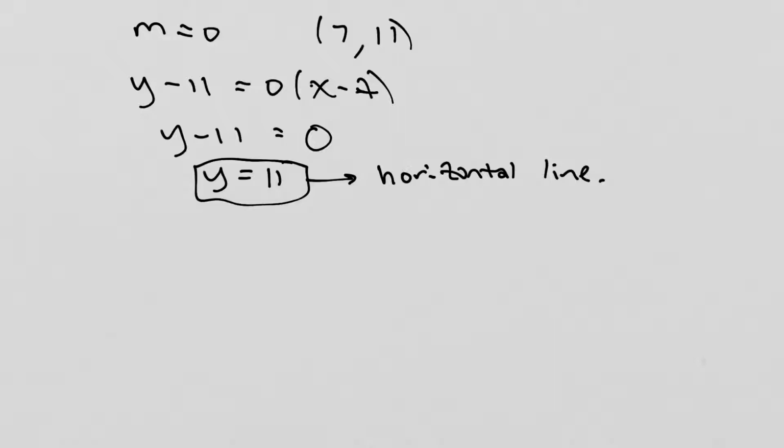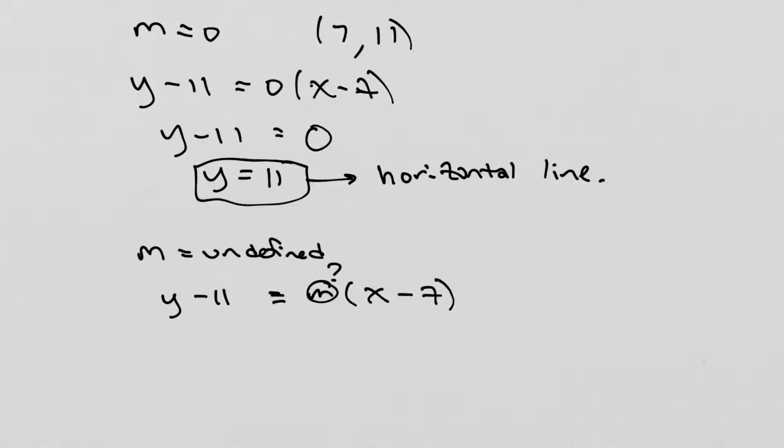Okay? For the vertical line, remember the slope is undefined. So if the slope is undefined, I'll have y minus 11 equals my slope times x minus 7. And of course, if it's undefined, how in the world are you going to throw that in there?